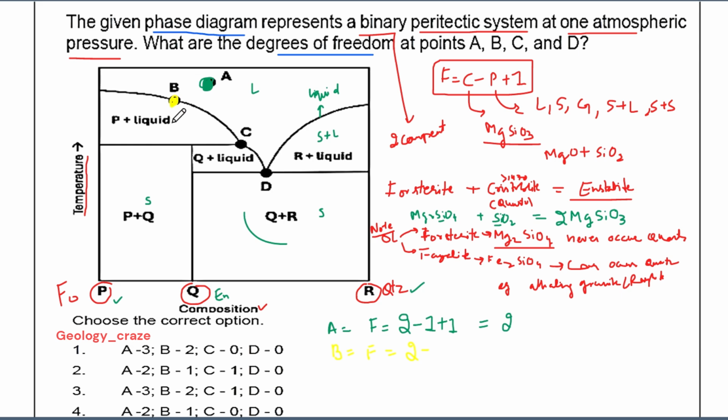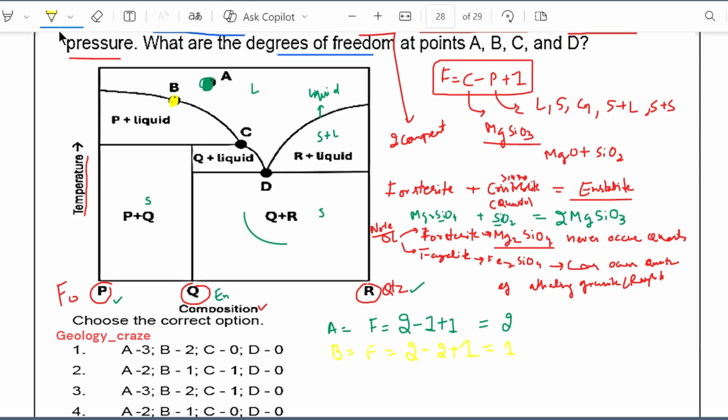We are at the boundary of 2, right? So we are having two phases in this. One phase is liquid, another phase is solid plus liquid. So that's why we are using 2 instead of 1, and we will get what? This 2 cancels and we will get 1 in this case.